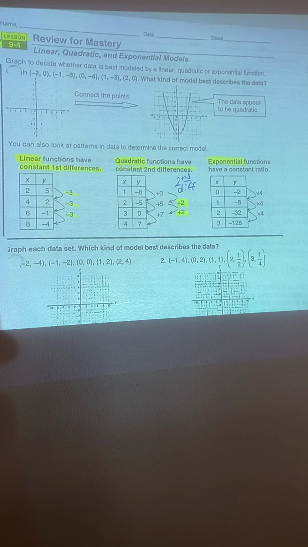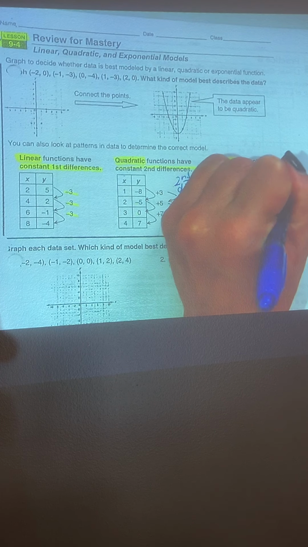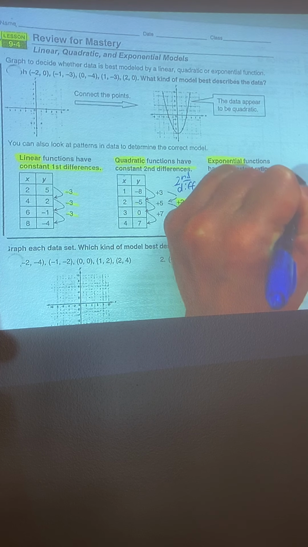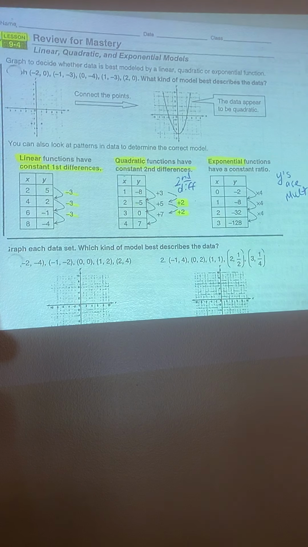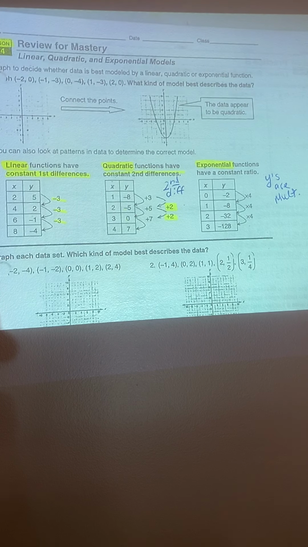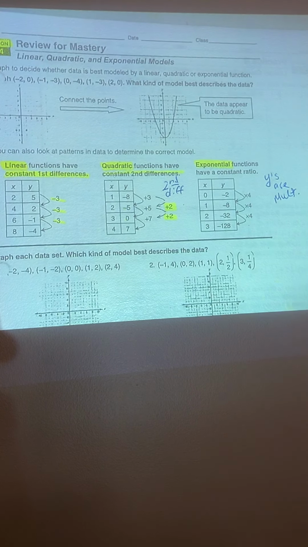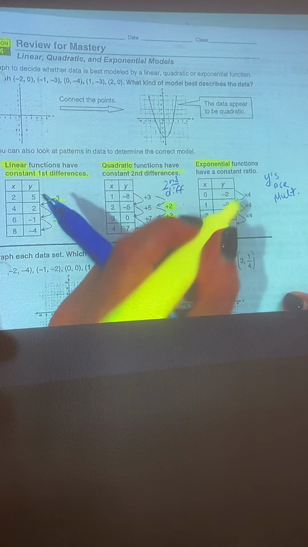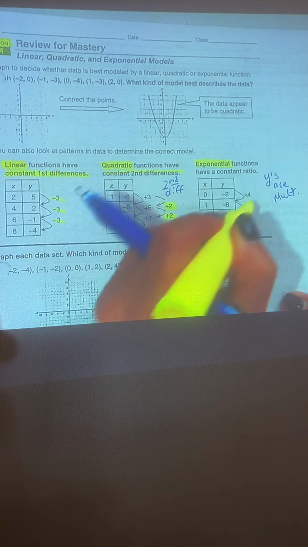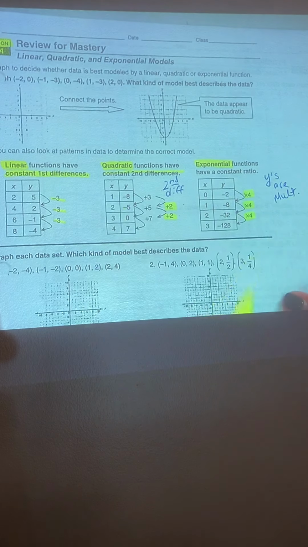My third kind is exponential. Exponential functions have a constant ratio, which means the y's are multiplied. As you can see, my x's are constant and my y's, -2, -8, -32, -128, are all being multiplied by 4.